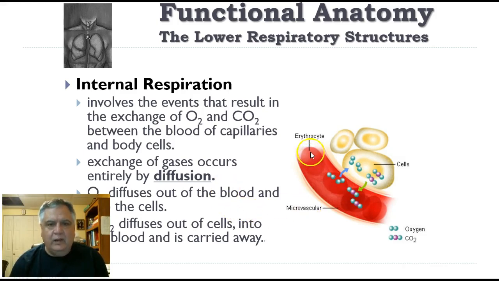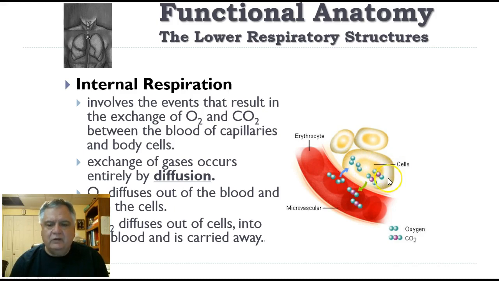Now, you understand why that happens? This blood is coming back from the lungs, and these erythrocytes, these red blood cells, are loaded up with oxygen, O2, so the two spheres represent oxygen. So the blood's going to have a high concentration of oxygen as it passes by the tissues. So what's going to happen is the oxygen is going to move along its concentration gradient, pass out of the capillary bed and into the cells of the tissues.